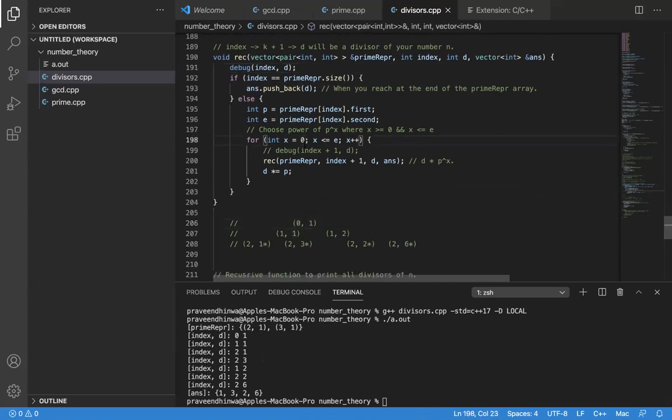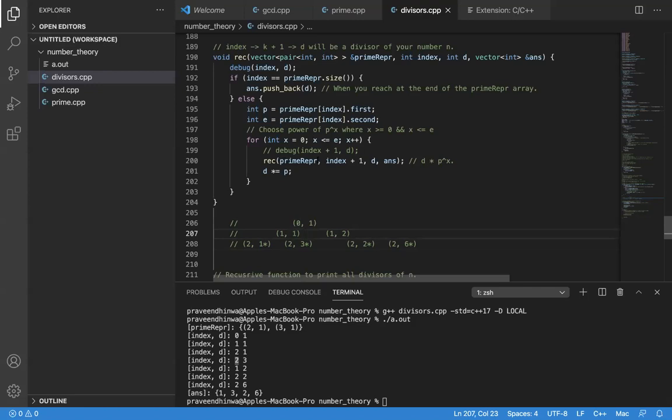Then I went to 1, 1. Then from 1, 1, I went to 2, 1. Then I came back to 1, 1, and I went to 2, 3. Then I came back to 1, 1. Then I came back to 0, 1. From 0, 1, I went to 1, 2. From 1, 2, I went to 2, 2, and then I went to 2, 6.